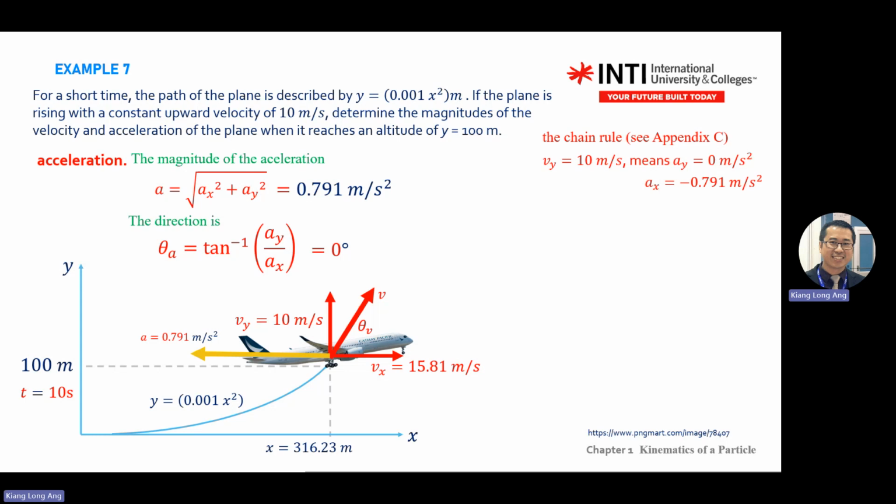But when you have a 3-dimensional problem, you need to use the vector divided by its magnitude. Then you can find the direction. Okay, so I hope by now you are clear on the equations in chapter 1. Chapter 1 is a very lengthy equation chapter. So far, these are the equations that we keep repeating.